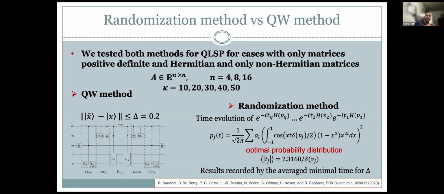And for each instance in the randomization method, you have to run it 200 times. Then we record the average result that gave us the minimal time, because I want to minimize the total time to get the desired target for the solution.